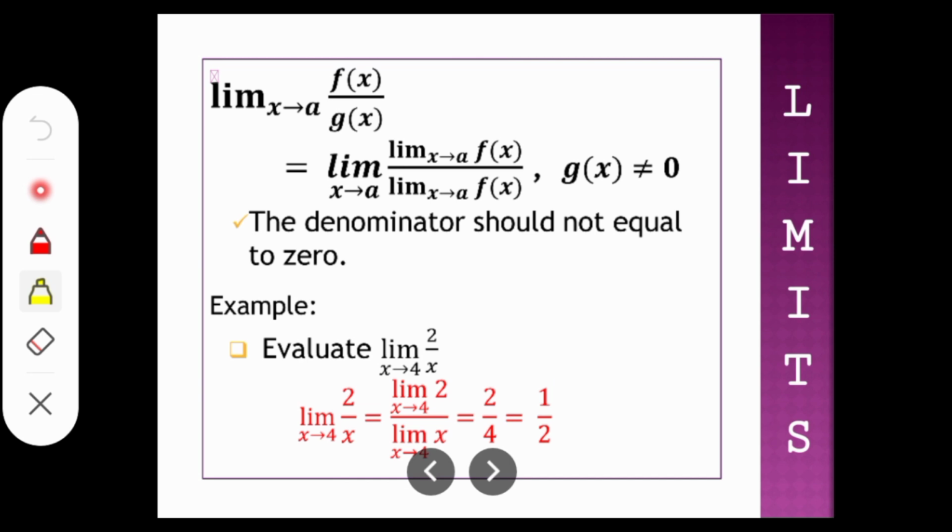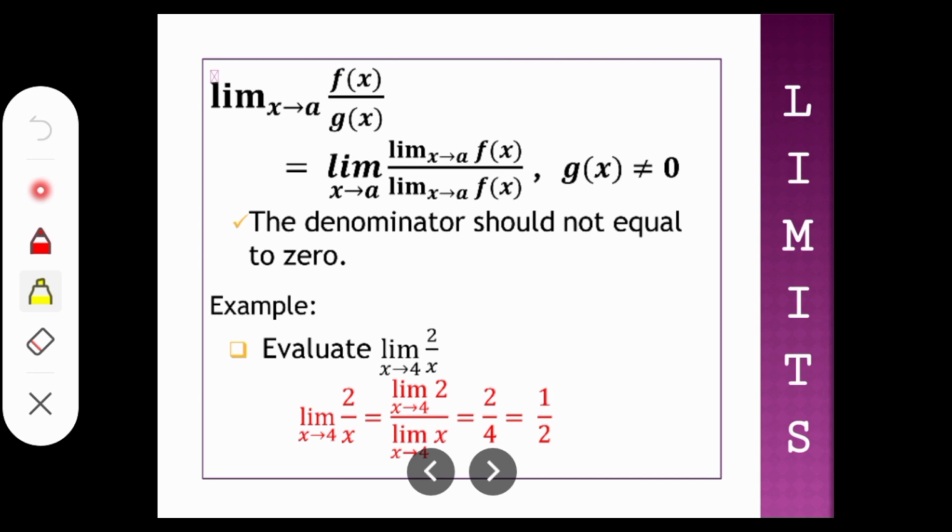So in this property, all we need is that the denominator should not equal 0. We can distribute the limit sign on the numerator and the denominator. If the denominator becomes 0, we have an undefined function.